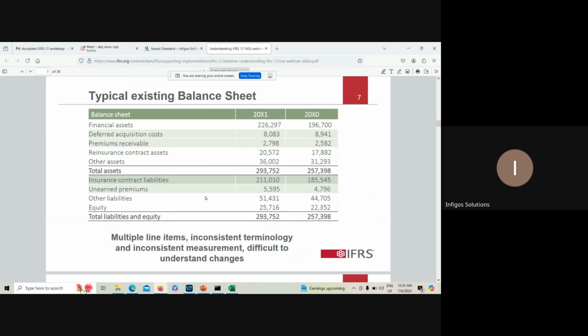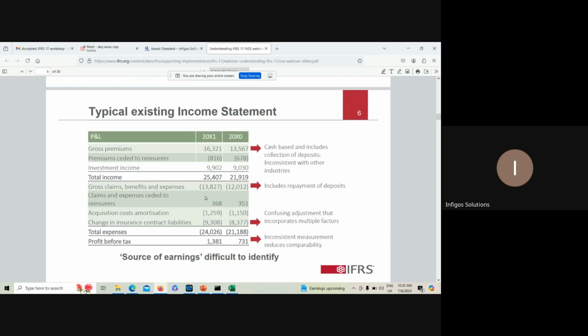So they wanted to clean this up and come up with a standard that is in line with other industries, like the banking industry. When you look at the income statement of the banking industry, they will not have this kind of confusion which they have mentioned here. Make sense? Yes, Nitin.